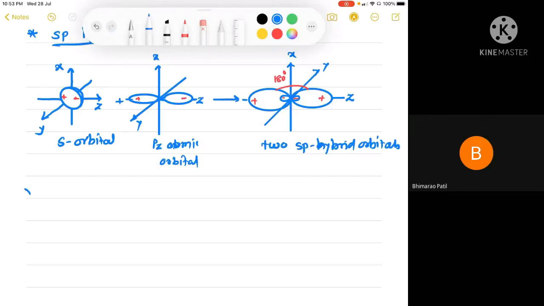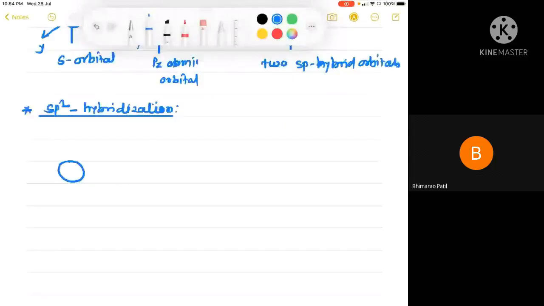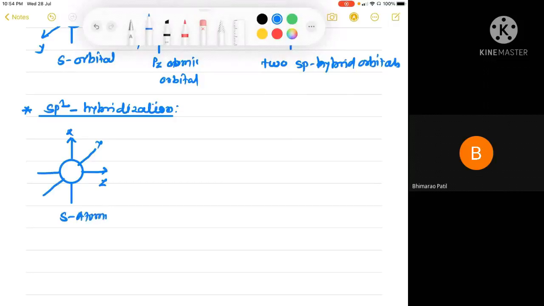Then second, sp2 hybridization. One s atomic orbital. This is the x-axis, this is the z-axis, and the s atomic orbital is combined with 2p atomic orbitals.